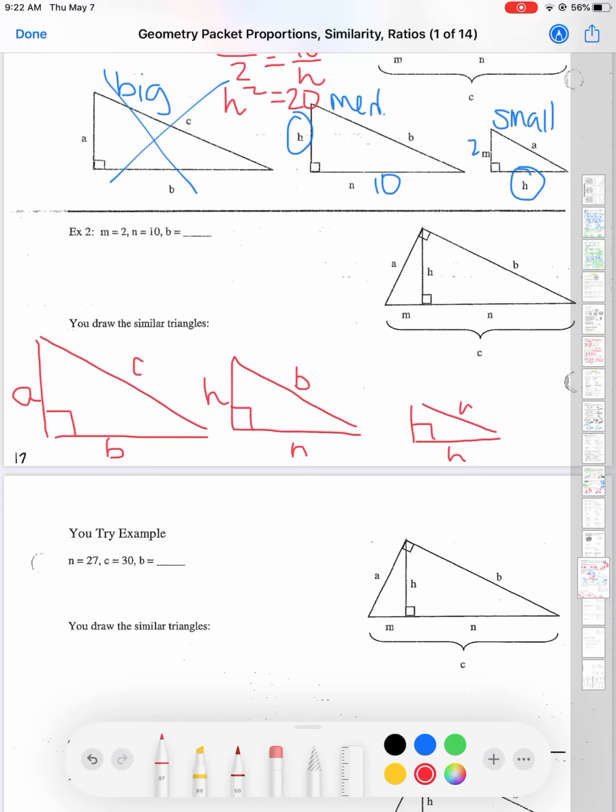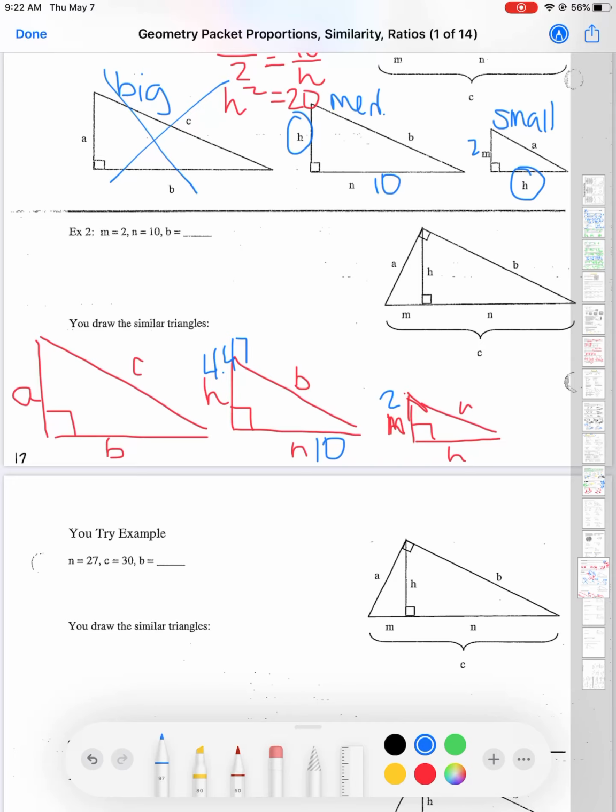So this one's a little bit different. It's the same exact triangle with the same exact measurements. This is M. We know M is 2 still. N is 10. So we know H is still going to be 4.47.